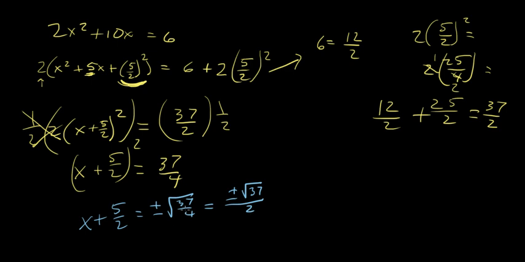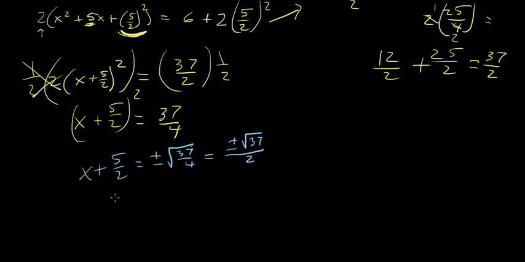This is because I used the rules for radicals to simplify this. And so all I have to do now is subtract 5 halves from both sides. And I have x equal to negative 5 plus or minus the square root of 37 all over 2.